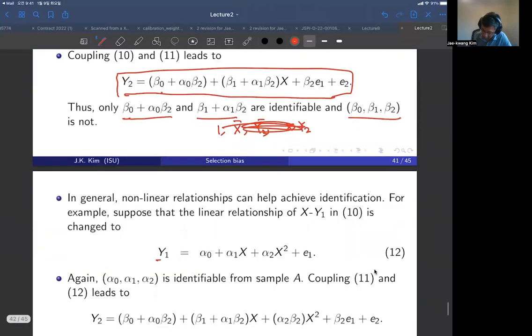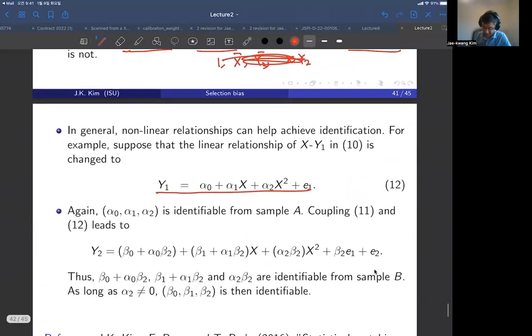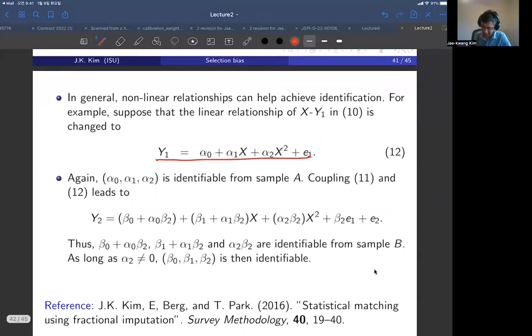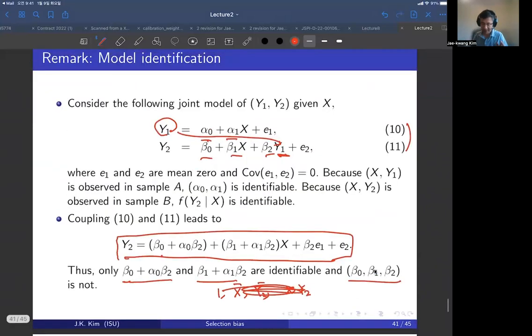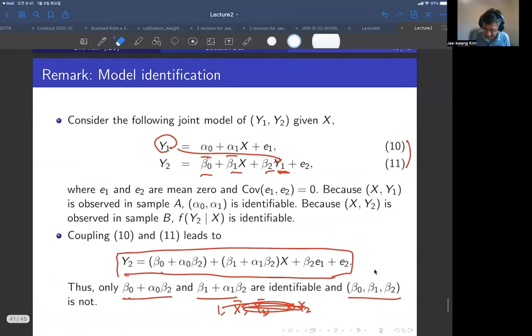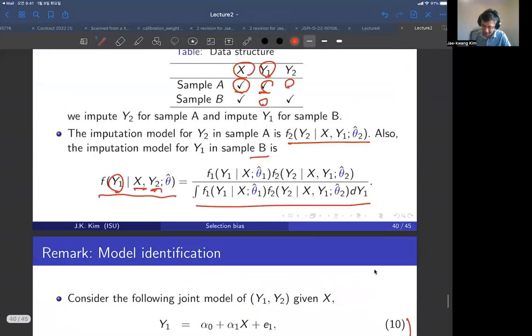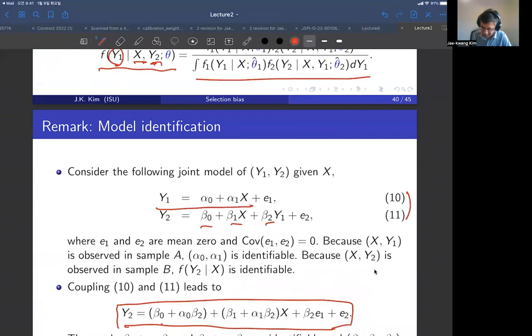But if you include the quadratic term, then you now can obtain... Sorry, let me back up. So alpha is no problem. You can always estimate parameter alpha because you observe x and y1. So this is known. You can treat it as known.